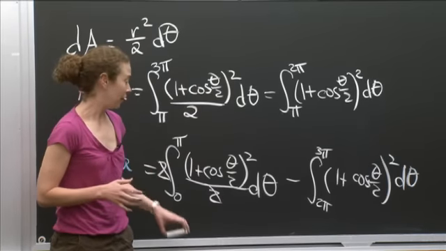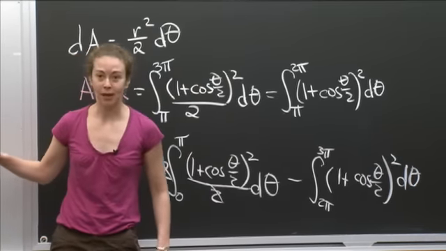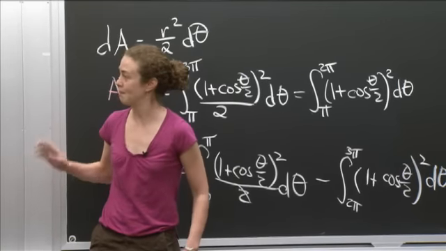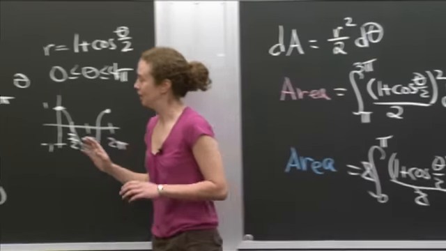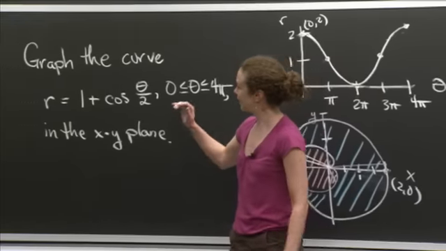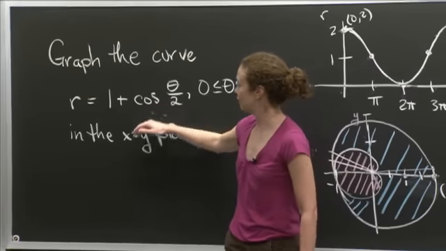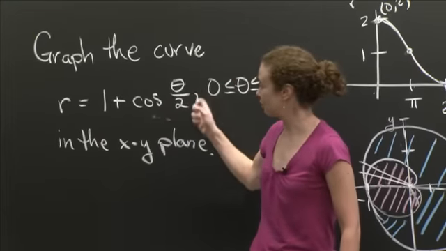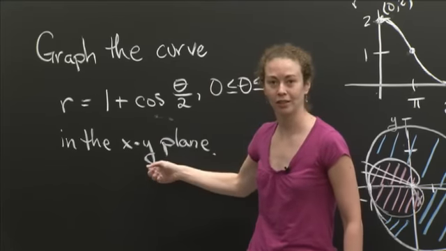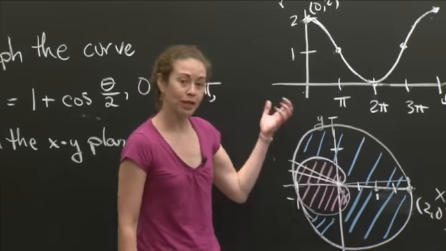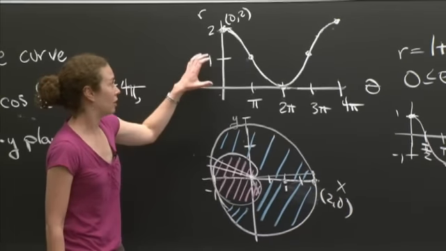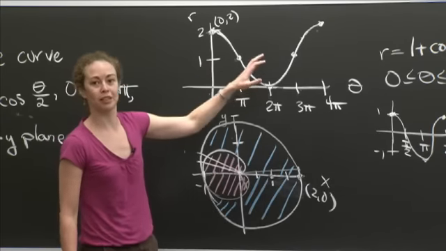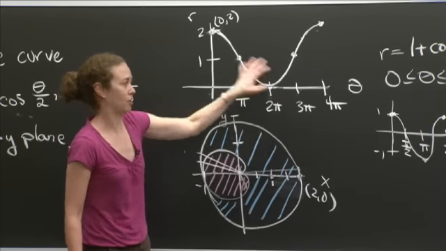Okay. Let me, again, just go back one more time and point out what we did at the very beginning to remind us what was happening. And then I will finish. So let's come back over here. So the idea was to graph this curve that was in r as a function of theta. And I was supposed to understand what that looked like in the xy plane. And so my trick was to take the relationship between r and theta and graph that explicitly in an r-theta plane.